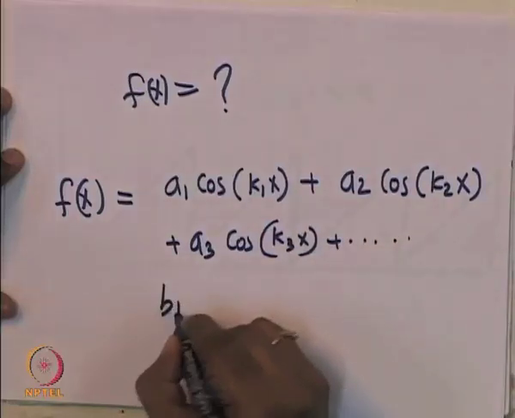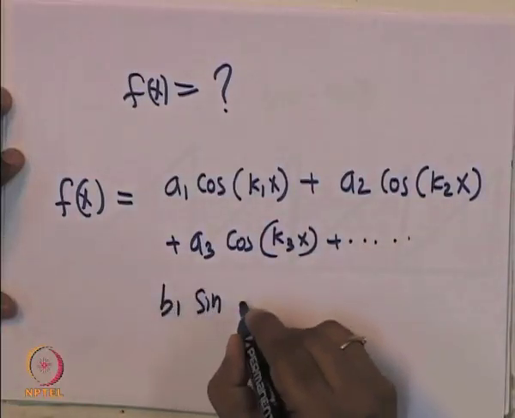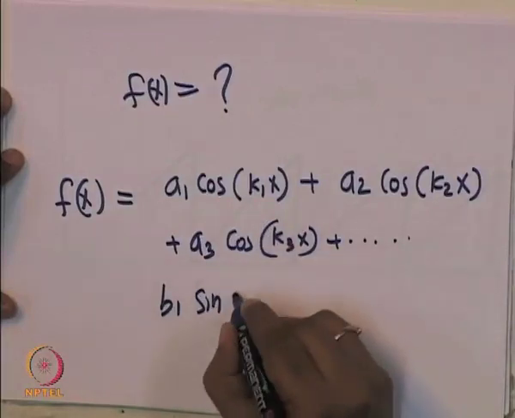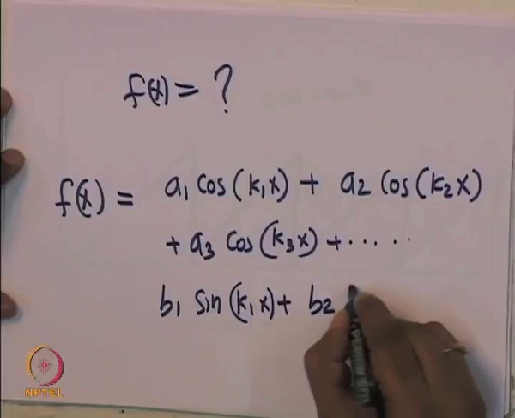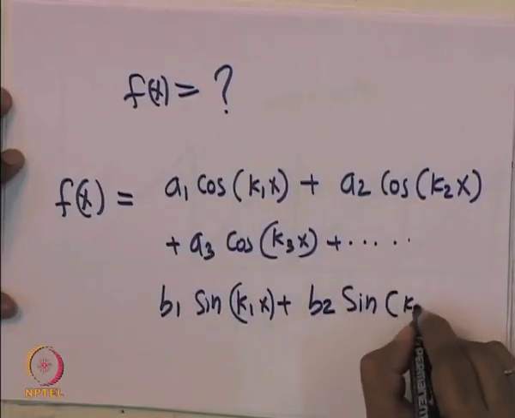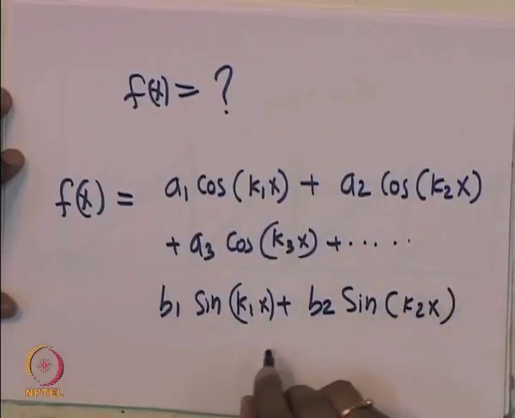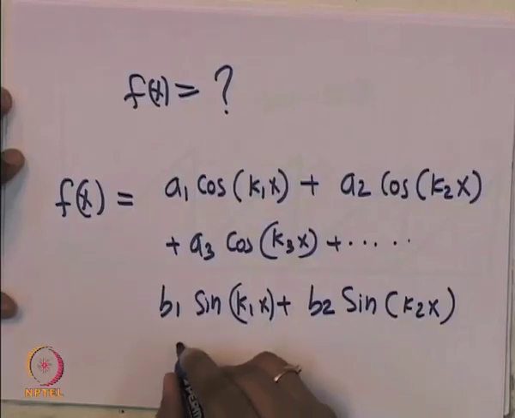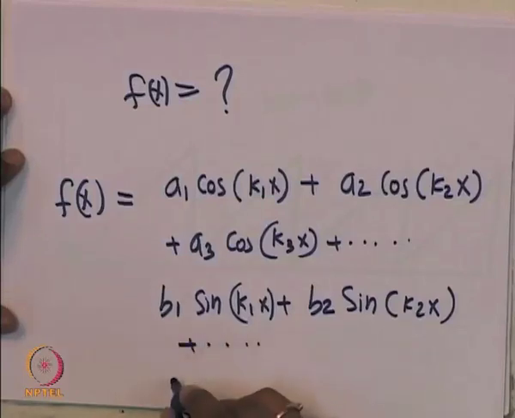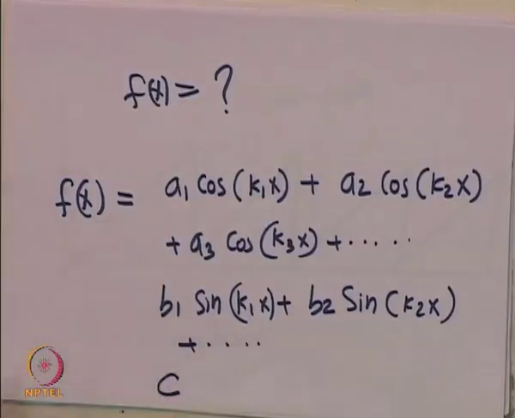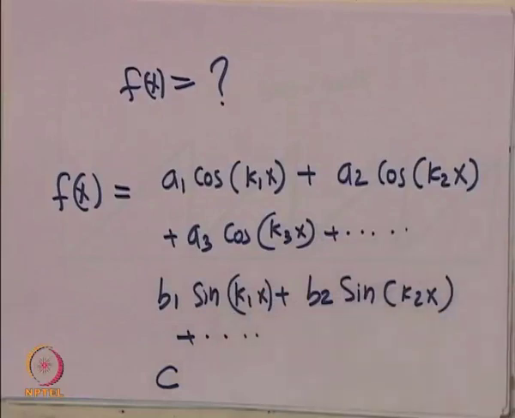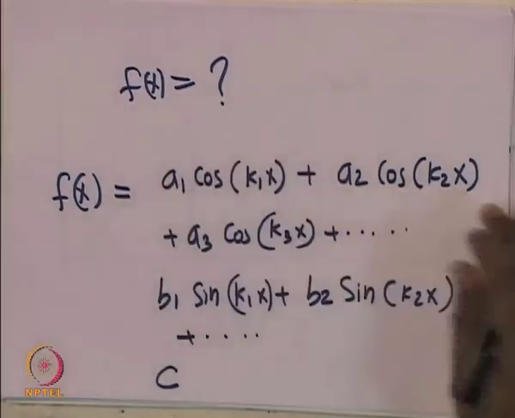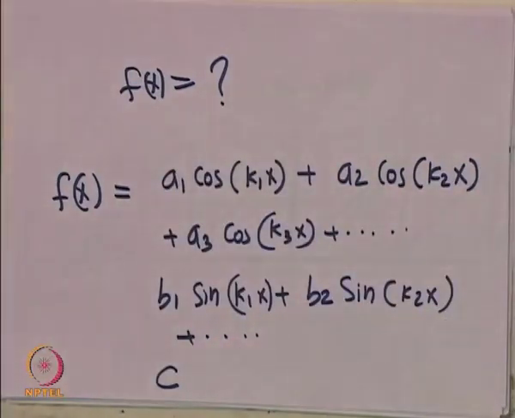Then you can say b1 sin k1x plus b2 sin k2x plus dot dot dot plus some constant c. So this is the most general combination of sine and cos that you can think of.